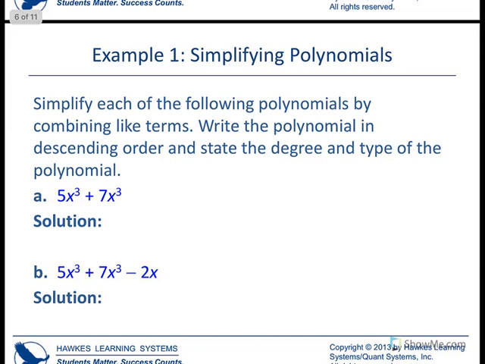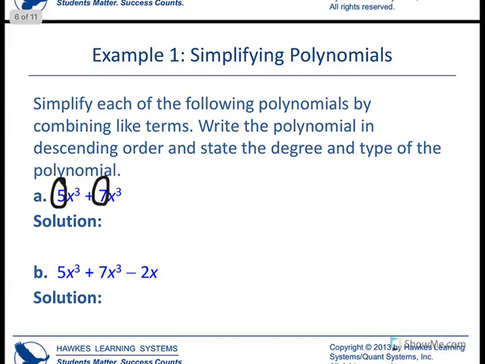Alright, an example of simplifying polynomials is you combine like terms. So you're going to write the polynomial in descending order and state the degree and type of polynomial. Here's the coefficient.